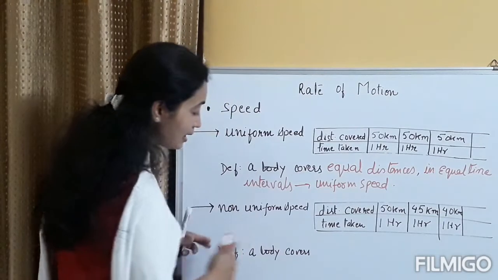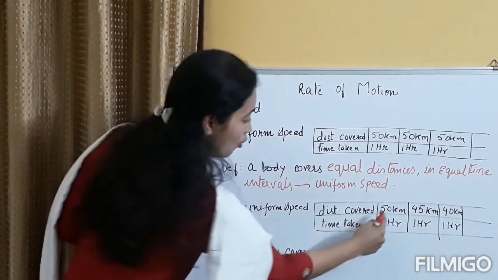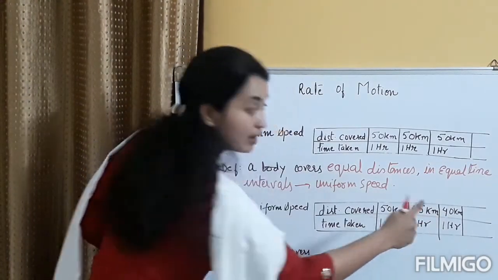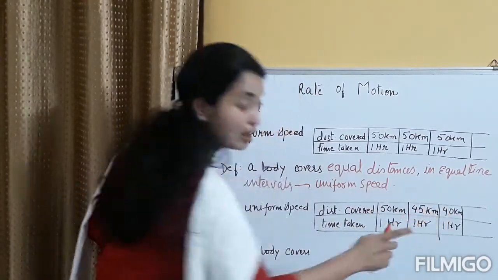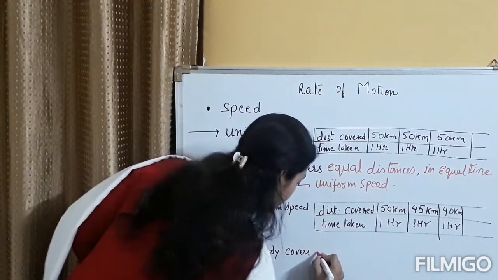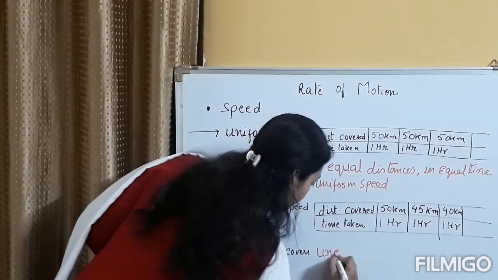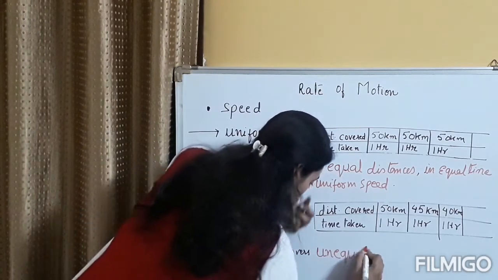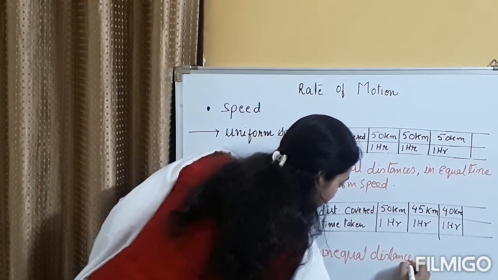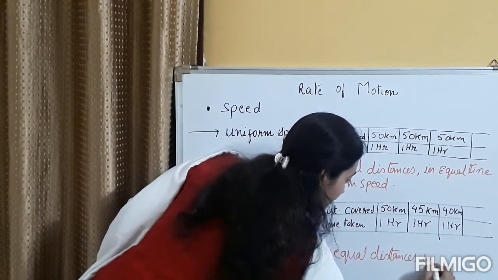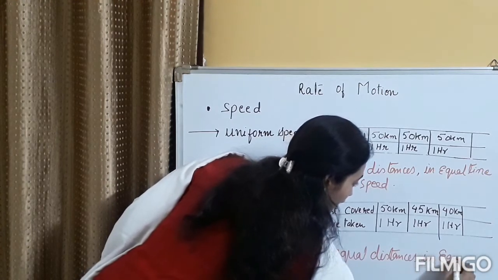How do you define it? A body covers what type of distances? Yes, you can make it out: 50, 45, 40. Unequal distances in equal time intervals.